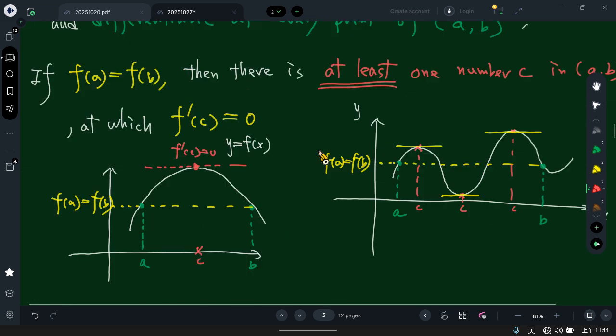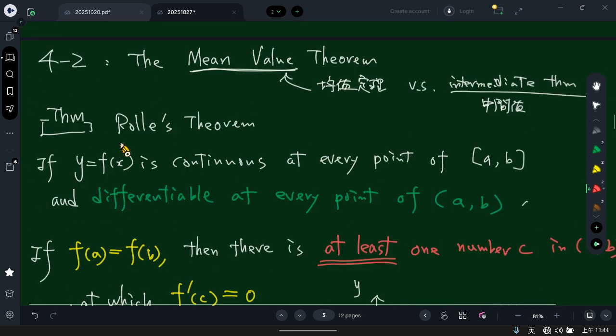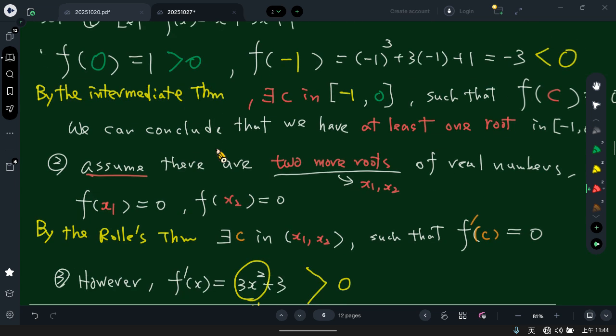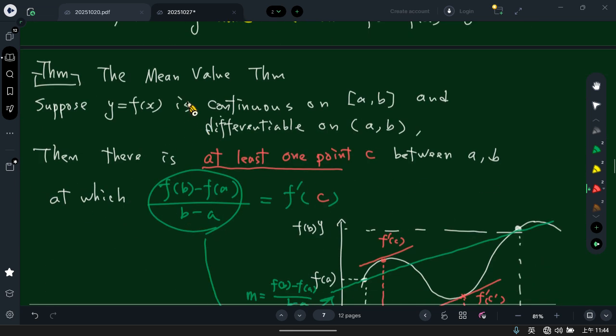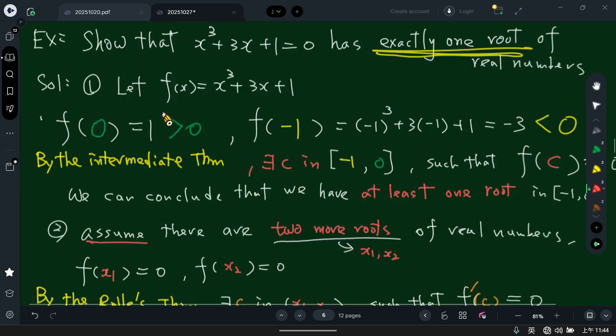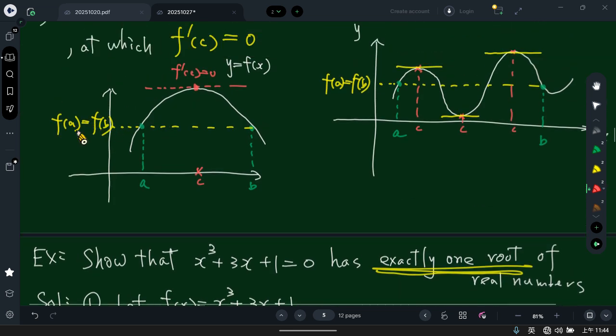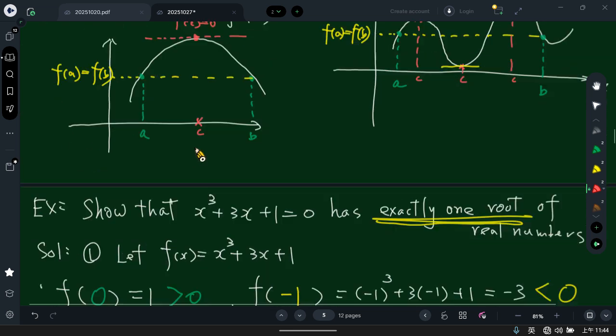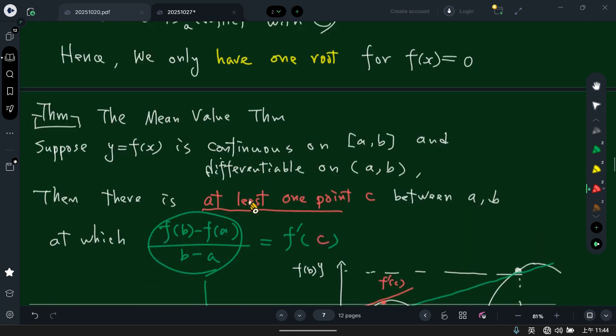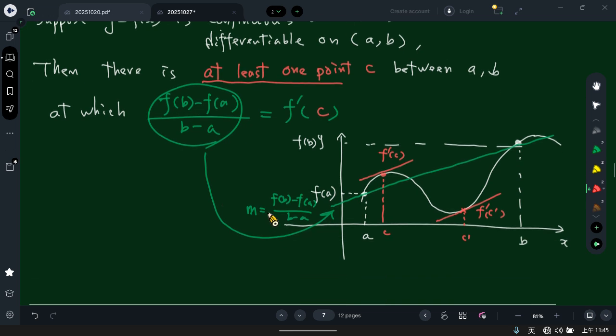So actually, Rolle's theorem is a very special case of the mean value theorem, especially when f of a and f of b have the same value. But in this case, it's more general because f of a and f of b are not necessarily the same. Okay?